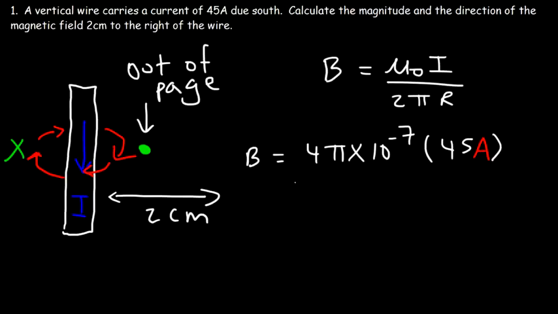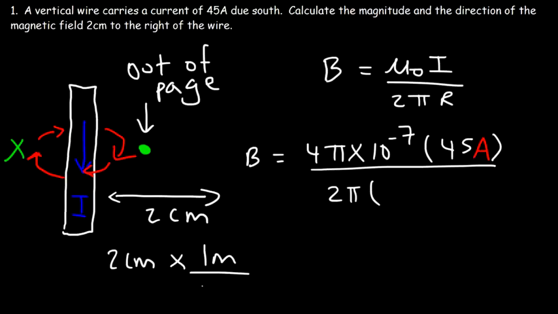R is the distance between the wire and the point of interest. In this case, R is 2 centimeters, but we need to convert that to meters. So we have to divide by 100, since 1 meter is equal to 100 centimeters. So that's going to be 0.02 meters.